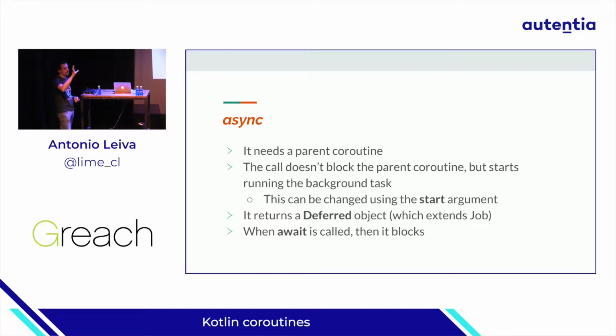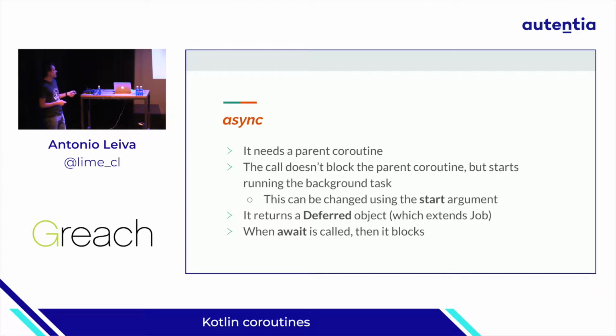So we call async. The background task that is associated to this async coroutine starts running, but the next line is immediately run. So this is very helpful for parallel computation or parallel requests, and would solve the problem that we saw at the beginning. This behavior can be changed by using the start argument. We'll see it very quickly in a second.